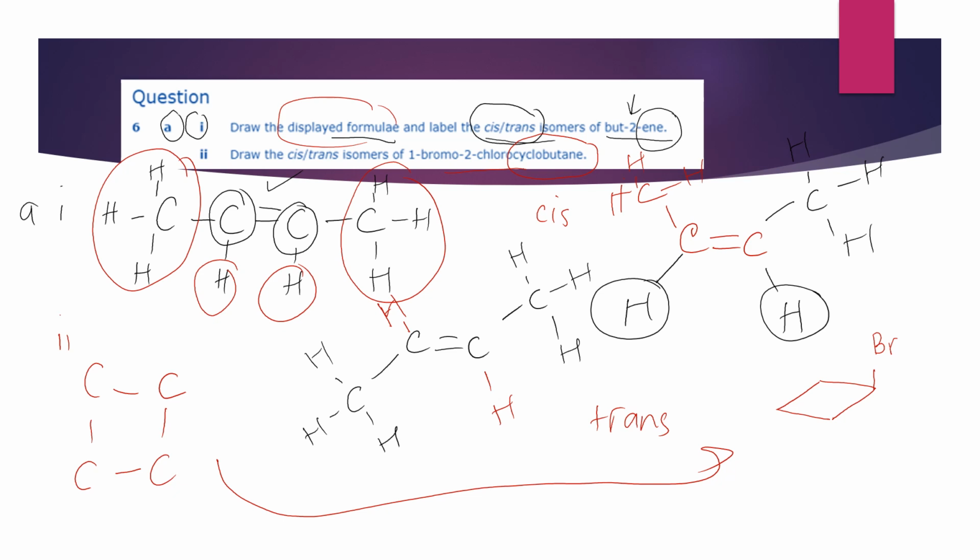Here number 1, here number 2. This is chloro. At the same side, then this is cis. Different side, then you have trans. Bromo and chloro, one up, one down. One at the top, one at the bottom.